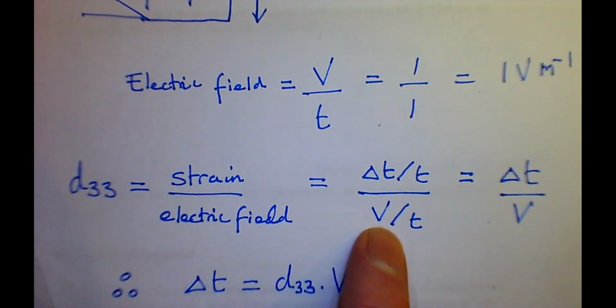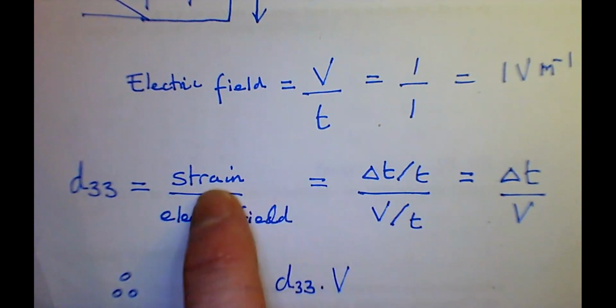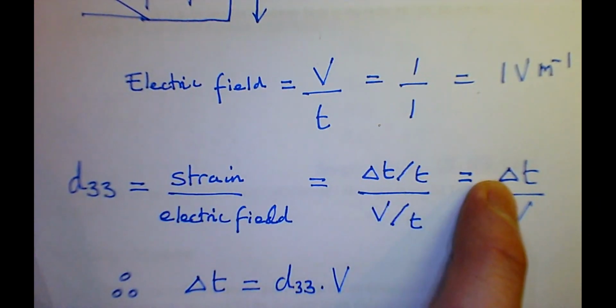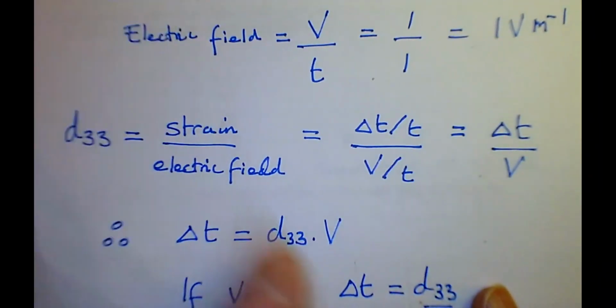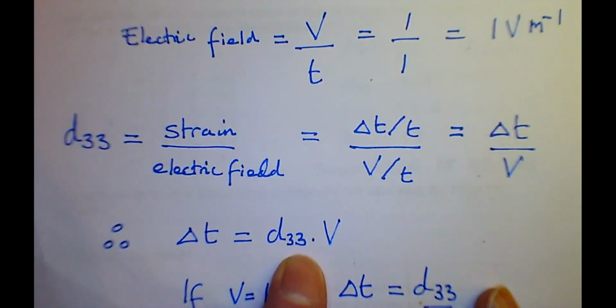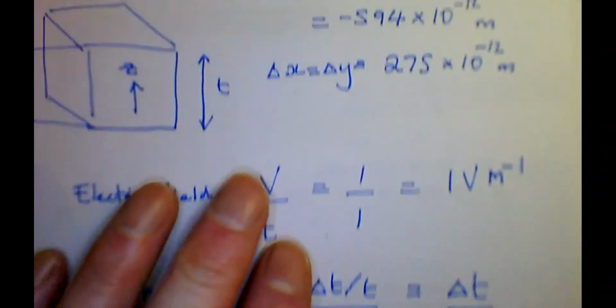Electric field is V over T like this. So I end up with D33 is delta T, deflection, divided by voltage. And so my delta T should be D33 times V, where D is this material's property. And as V is 1 volt, then my delta T should be very much equal to D33.